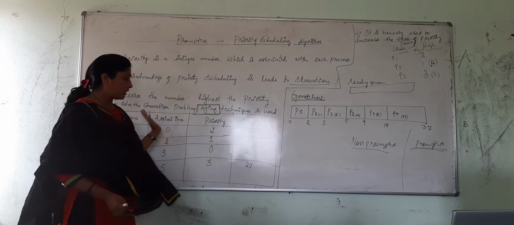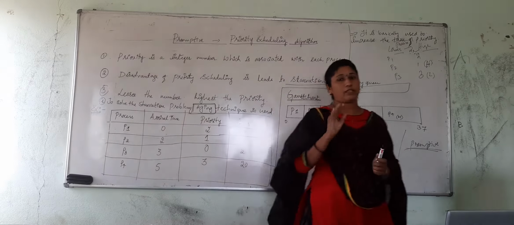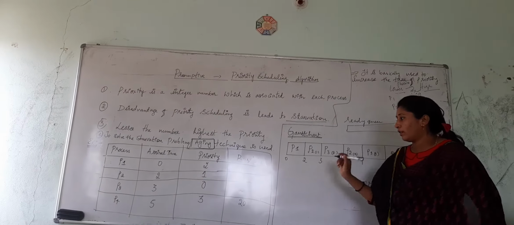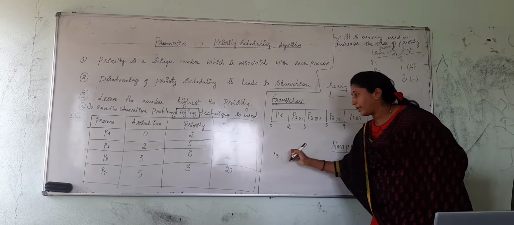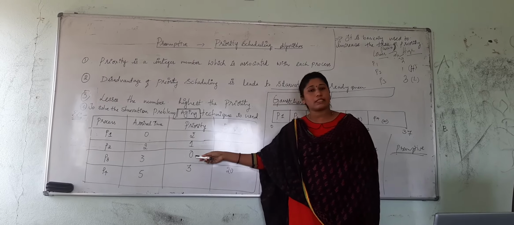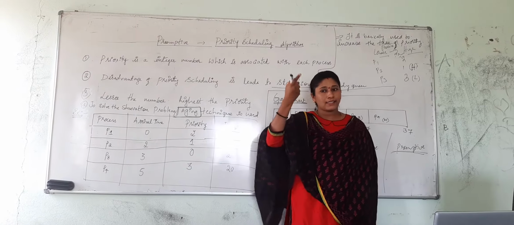According to this, which process will be executing? Tell me. First a chance will be given to P3, because of the priority given for that process. Lower the number, higher the priority.